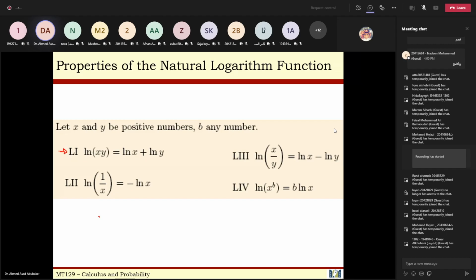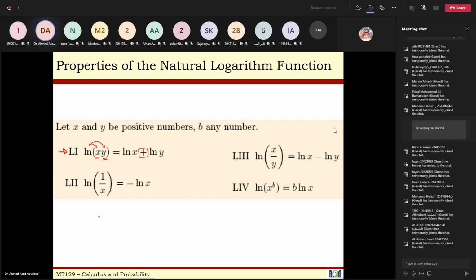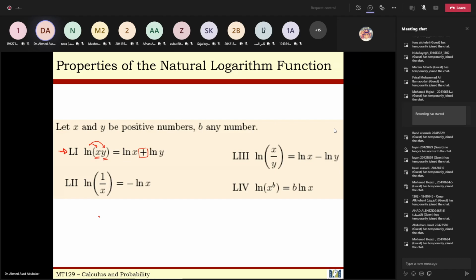The first one: if we have ln of two terms, for example x and y multiplied together, we can distribute the ln on the x and y, but we must put addition between them. Also, we can apply this if we have 3 or 4 variables multiplied together, or any product.